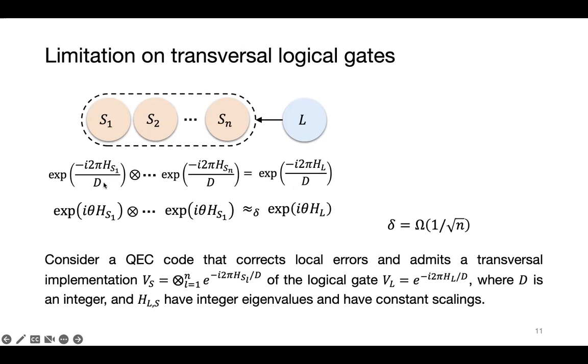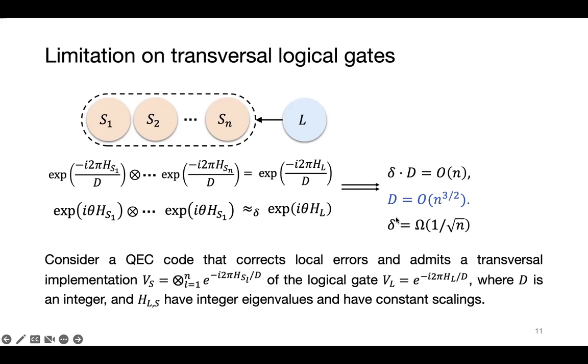And we can see that if we take D to be very large, we would have approximately a covariant code because 1 over D is going to be a very small number, and it becomes almost like a continuous application of this gate. So in fact, one can prove that there is a relation between delta and D, which says that delta times D must be upper bounded by the scaling of n.